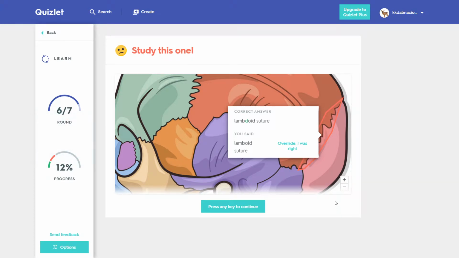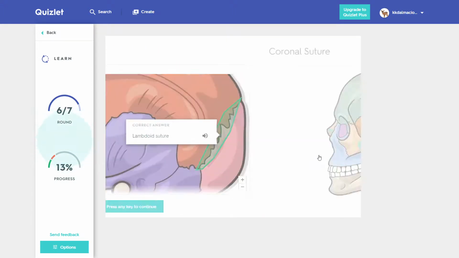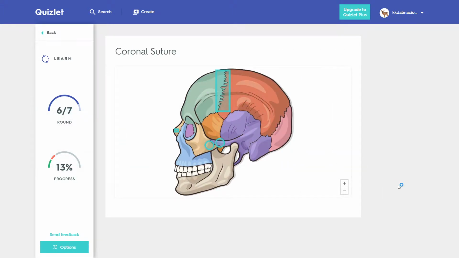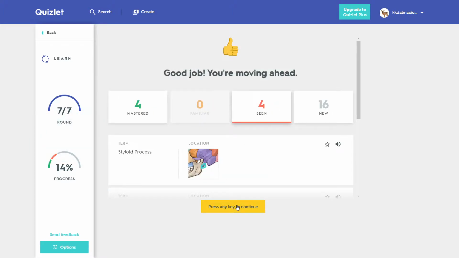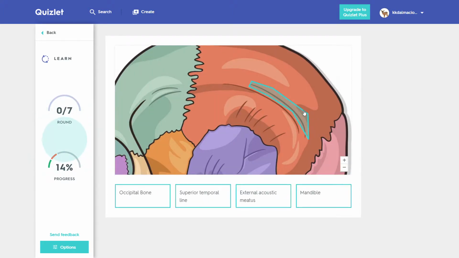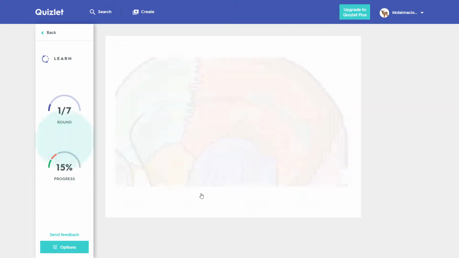What? Lambdoid. I thought it was spelled lambdoid, but I'm sure that's correct. Spelling the one I gave it. Coronal suture, that's probably your crown, so it's most likely up there. Yep. Great job. Moving ahead. Okay, this is the temporal, superior temporal line, so it's probably that one. Yep.